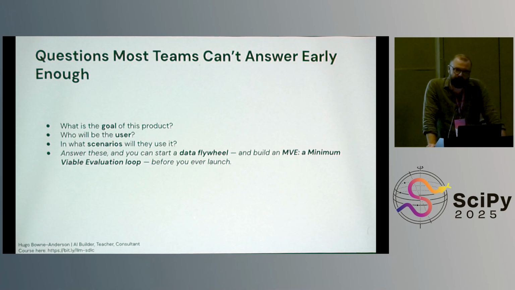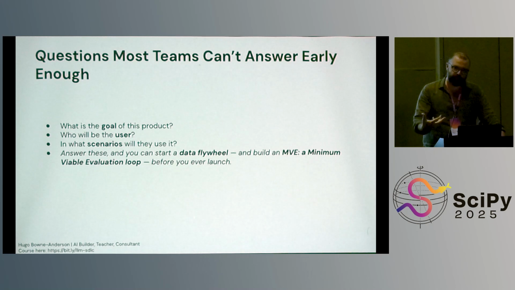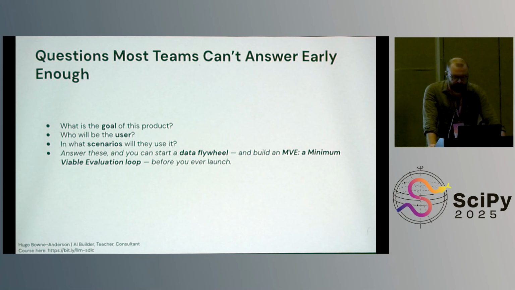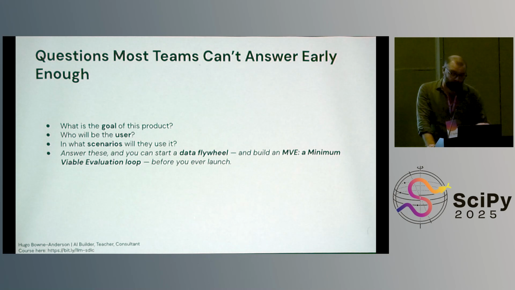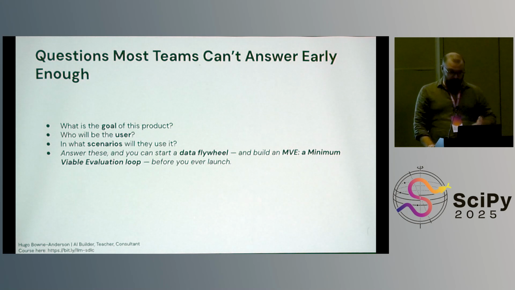And scope the retrieval system so that it focuses on helping people in HR onboard new employees. And what happens then is that you've got an actual goal and you can see identifiable results and return on investment. And if you answer these questions early on, then you can actually start a data flywheel and build what we call a minimum viable evaluation loop before you launch.